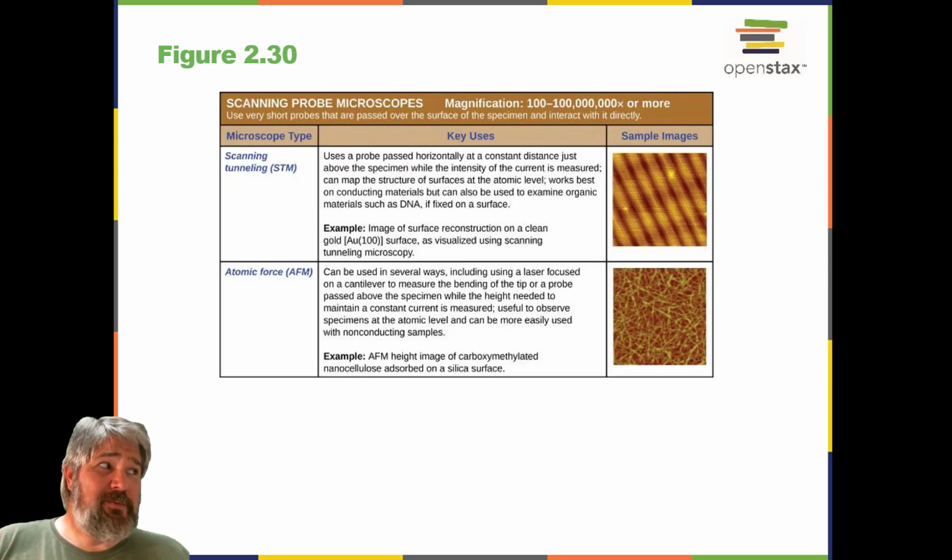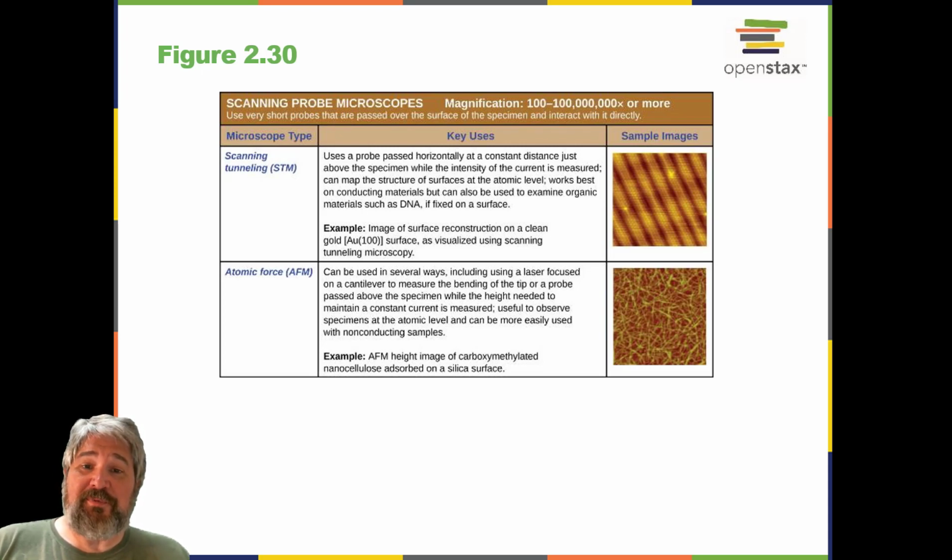Scanning probe microscopes, we're getting it up into magnification of 100 million times or more. The scanning tunneling microscope uses a probe passed horizontally at a constant distance just above the specimen while the intensity of the current is measured. It can map the structures of surfaces at the atomic level, works best on conducting materials, but can also be used to examine organic materials such as DNA if fixed on a surface.